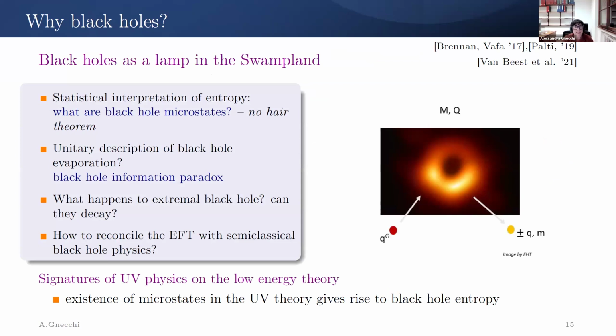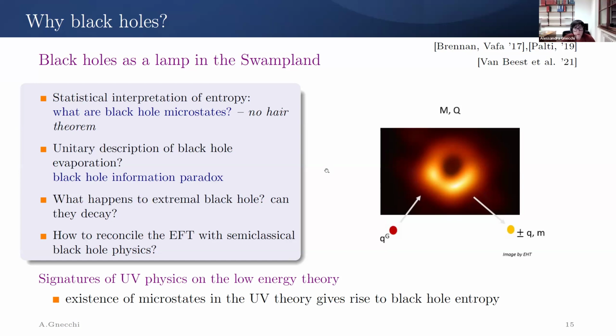Black holes can explain many properties that we think are properties of quantum gravity. How do we see that they start telling us that there's some non-trivial dynamics with gravity? Well, for example, I told you that the black hole can be extremal in the case of the presence of gauge fields.